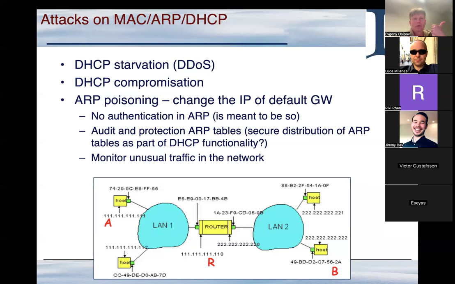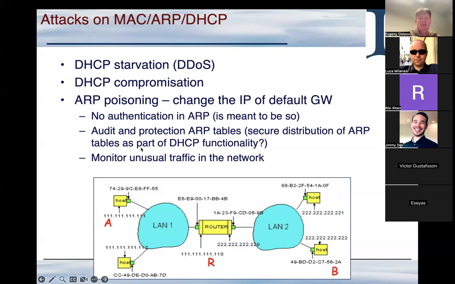So anytime you connect to a network, you get an IP address to be configured on your interface, and the IP address of the very first router where to send. And then it is up to the ARP protocol to figure out what is the proper link layer address of this router.